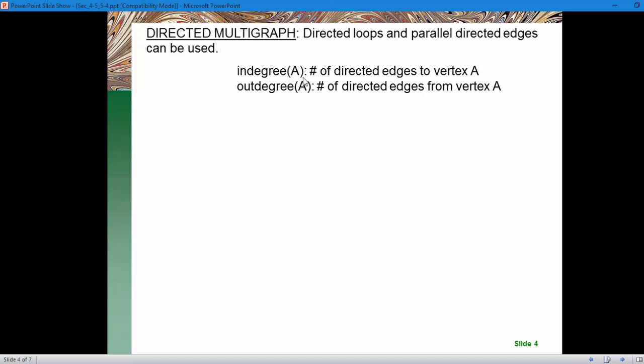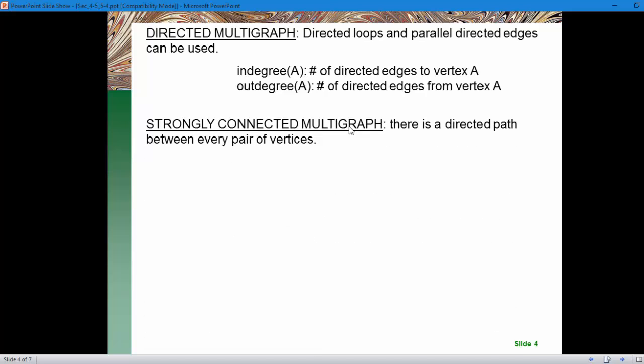Because we're using directed edges, we can talk about the in degrees and out degrees. In degree of A is the number of directed edges to vertex A. And out degree of A is the number of directed edges from vertex A.